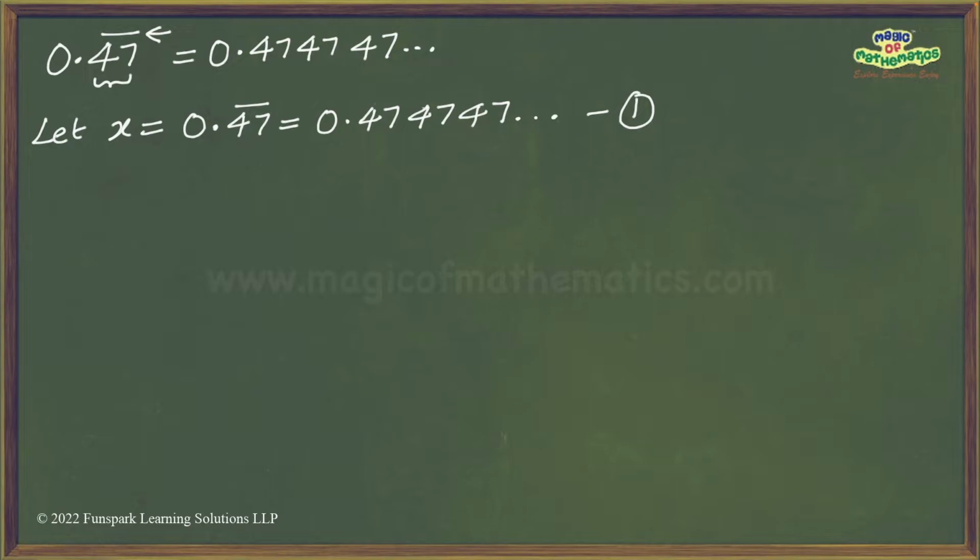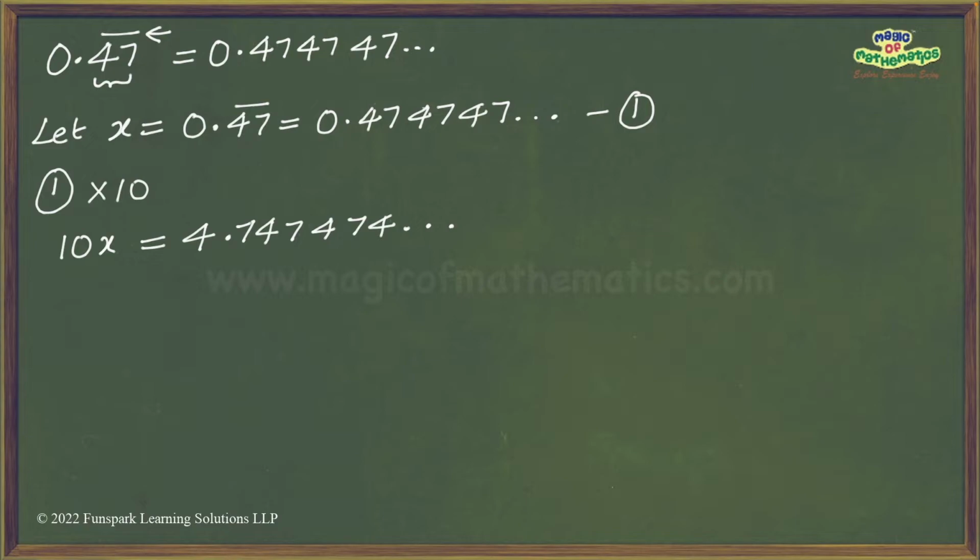In the previous example, I multiplied the initial equation by 10. Let us now see what happens if I do the same here, that is equation 1 times 10. On the left hand side we get 10x, and on the right hand side we will get 4.747474 and so on.